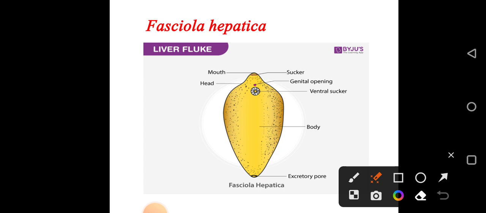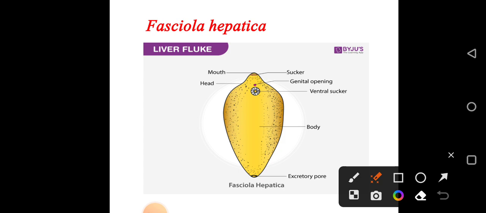The anterior rounded end of this animal is prominently projected, and this part is also called the oral cone or head lobe. At the tip of this oral cone, a triangular aperture called the mouth is located.